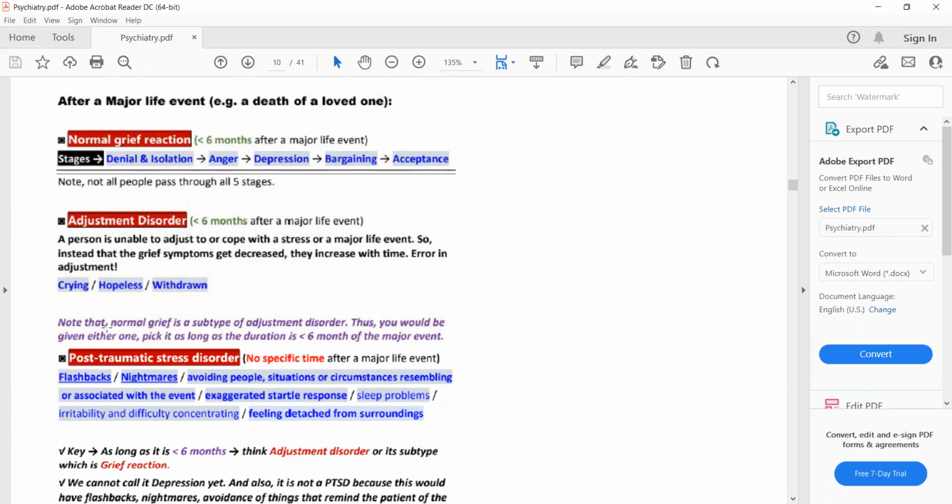Remember that normal grief reaction is a subtype of adjustment disorder. Thus, you would be given either one of these, either adjustment disorder or normal grief reaction. So you can pick whichever one is given, as long as the duration is less than 6 months after the major life event.